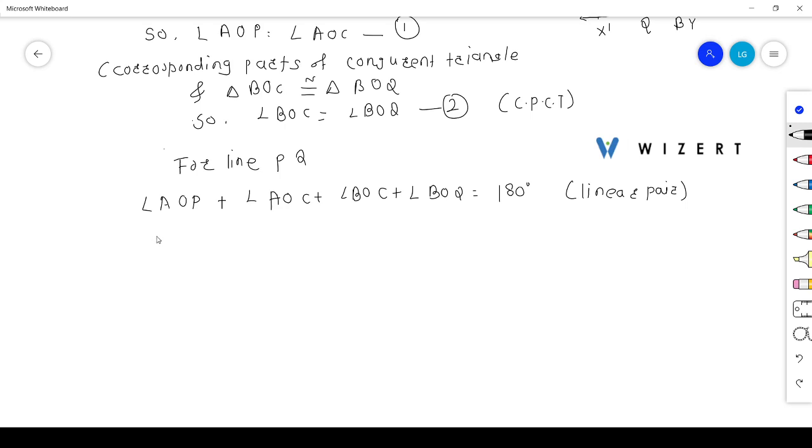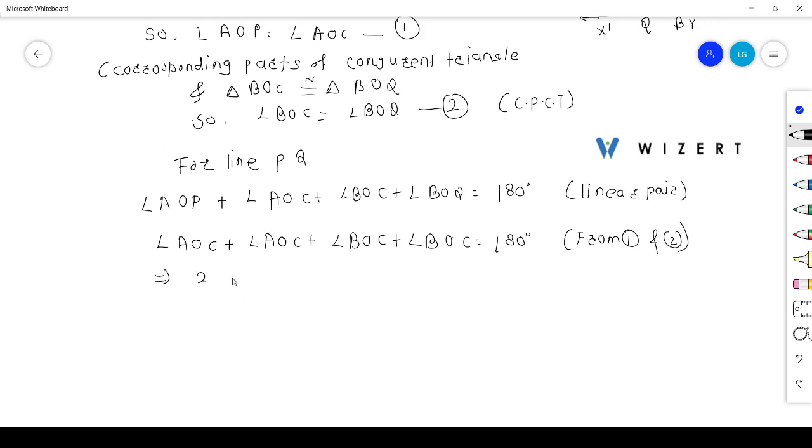So from 1 and 2 we can take AOP equals AOC. So AOC plus AOC plus angle BOC plus BOC equals 180 degrees. This is from 1 and 2.